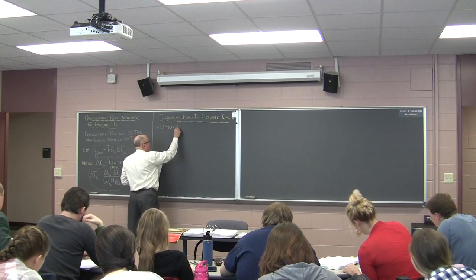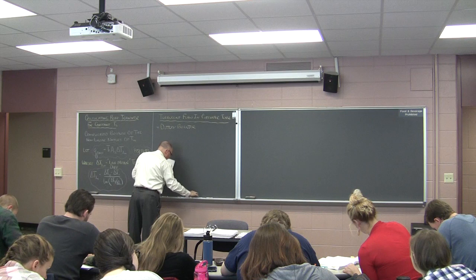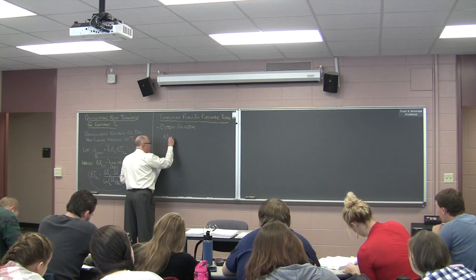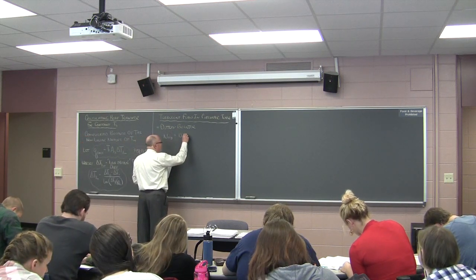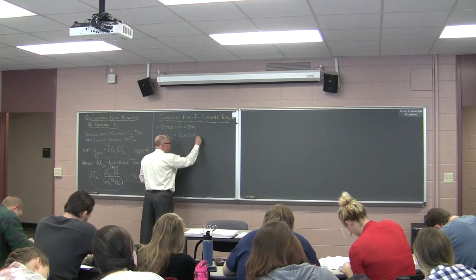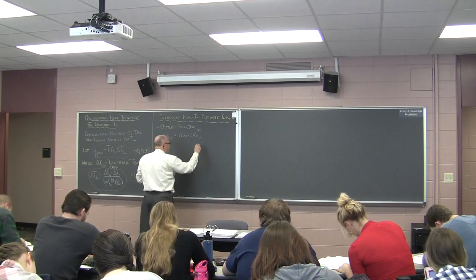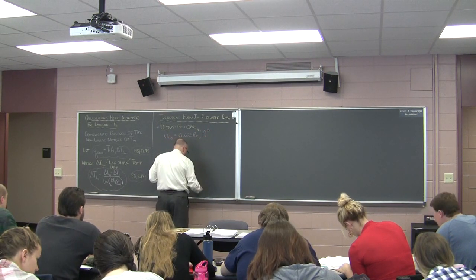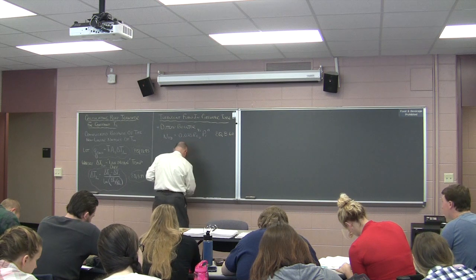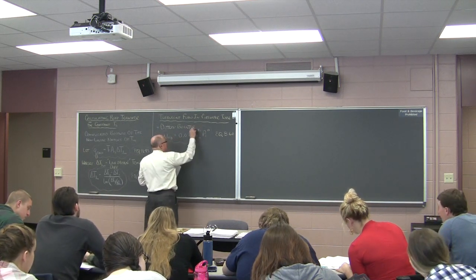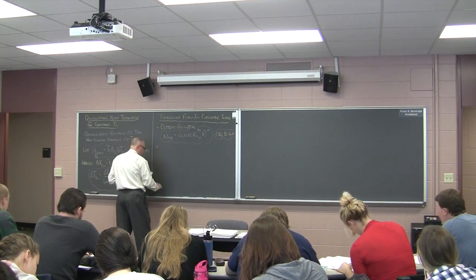The Dittus-Boelter equation is the Nusselt number. Notice that I don't have a bar on it, by the way. The Nusselt number is equal to 0.023 times the Reynolds number, a function of D, to the 4/5, and the Prandtl number to the n. And this is equation 8.60. And then the next one we're going to talk about is the Sieder-Tate equation.